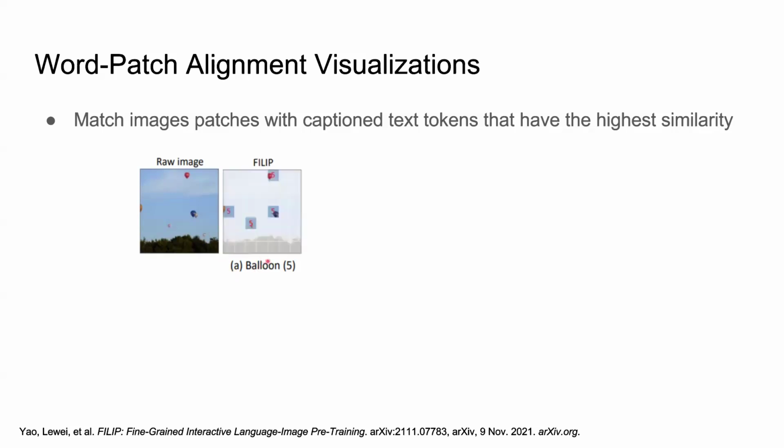And so we see that FILIP matches balloon for these patches. And we see for the most part, it's getting most of the balloons. Meanwhile, CLIP is not getting one. Of course, it wasn't trained to do this, but that's not the point. FILIP is mainly showing that it is capable of doing this.